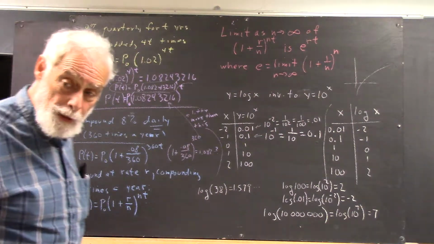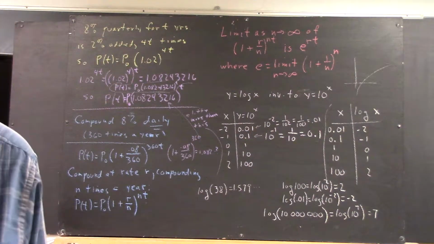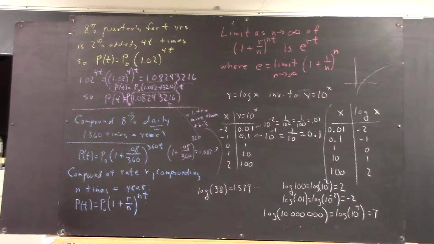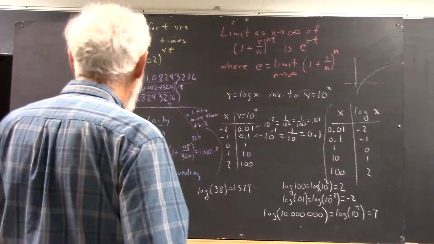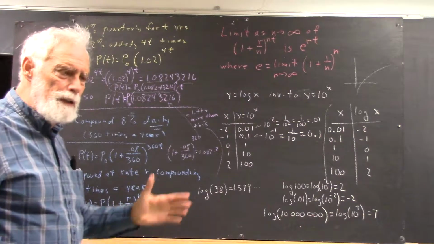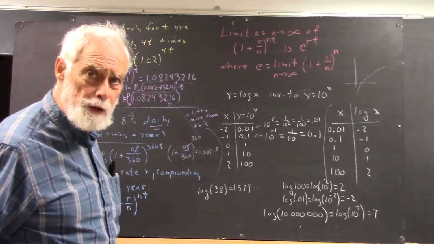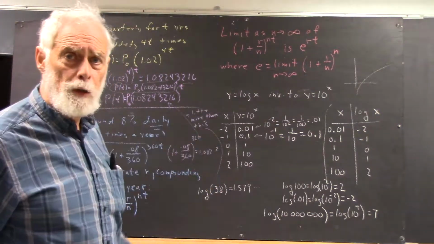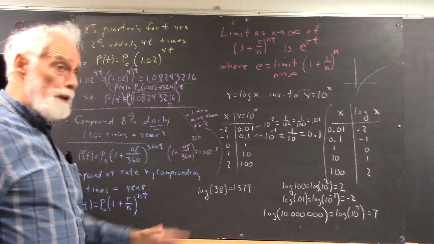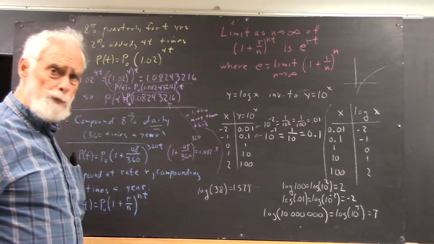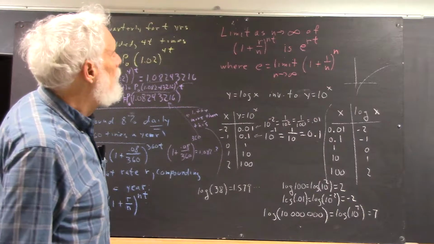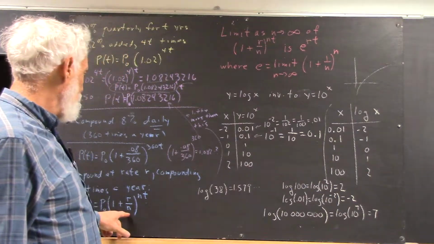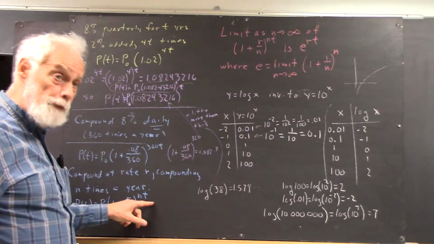Now I'm going to pull a little magic on you, not that much. I'm going to say, well, what if we keep compounding, not every second, but how about every microsecond, or every nanopicosecond? Well, your calculator probably won't handle nanopicoseconds, but we know what it's going to be, because it's going to be so close to what we get as n approaches infinity.